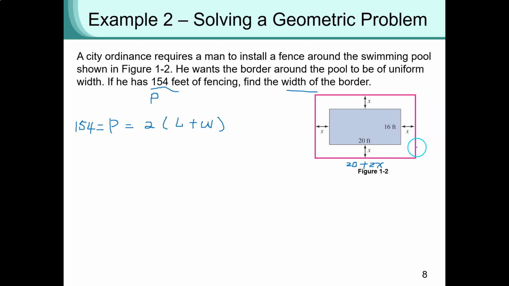The total width of the outside rectangle is 16 plus 2x. So we sum these two, and it has 154. Now I'm going to substitute the length 20 plus 2x and the width 16 plus 2x.